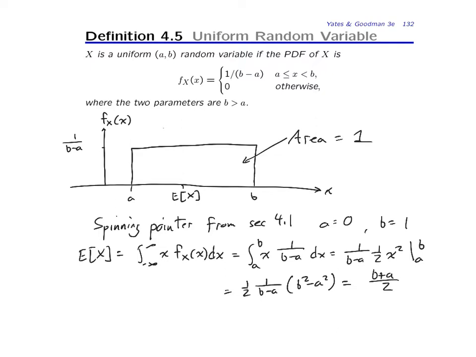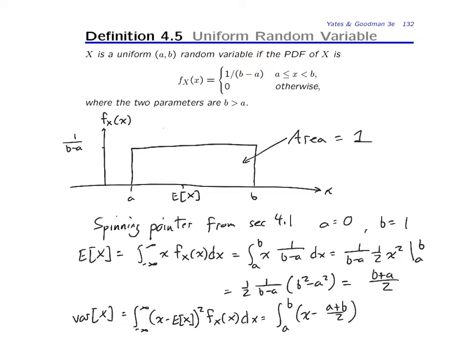If we did a more complicated calculation, you could show that the variance, which is the integral of x minus its expected value, the whole quantity squared, times the PDF, which is the integral from A to B of x minus A plus B over 2 squared, times 1 over B minus A dx, with some algebra and a little calculus, you can show that this is B minus A squared over 12.